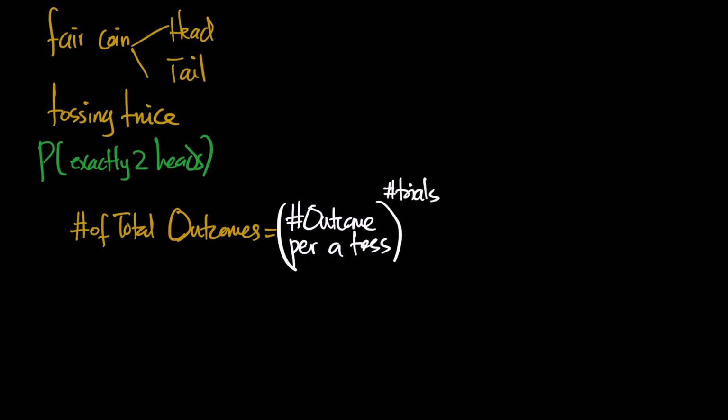The number of trials is the same as the number of experiments, or the number of tosses. In this question, the number of outcomes per toss is 2 because it's either a head or a tail, and the question says we toss it twice. So we take it to the power of 2, and that gives us 2 times 2, which is 4. Right here, we have 4, which is our total outcomes.